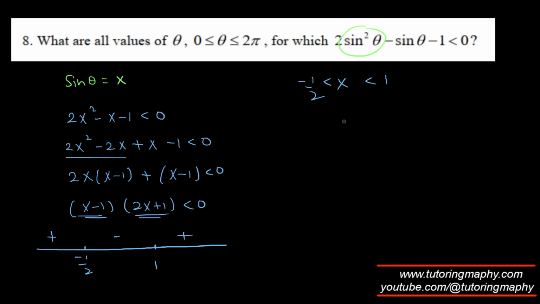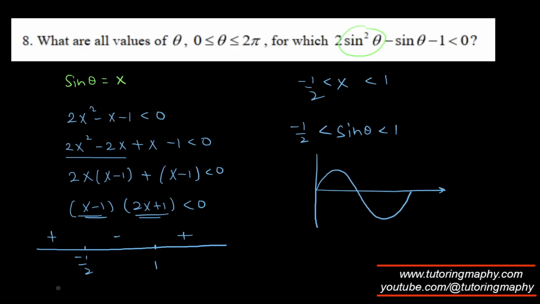But what is x? x is sine theta. So I want sine theta to be less than 1 and greater than negative 1 over 2. Once again, I make a graph of sine theta, which looks something like this. Negative 1 over 2 is somewhere over here. I want sine theta to be greater than negative 1 over 2, so obviously it should be above the green one.